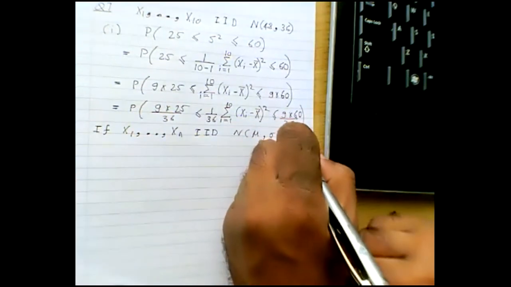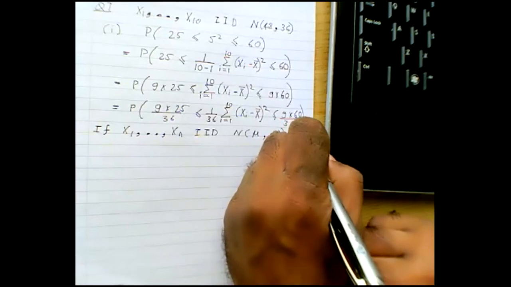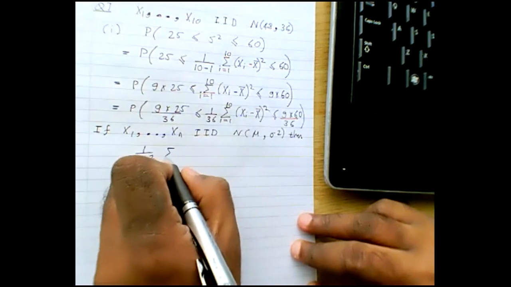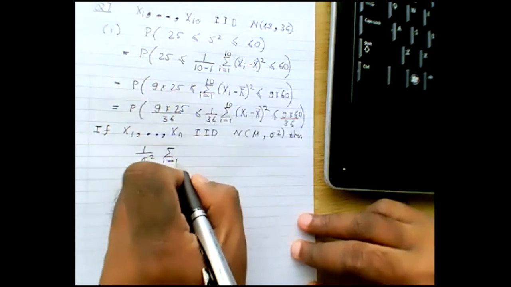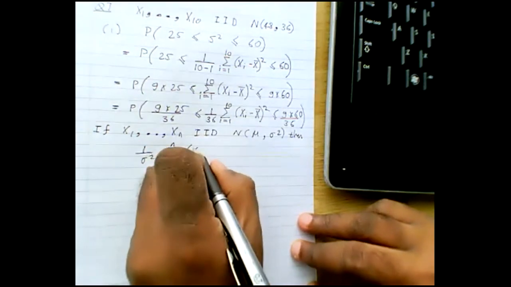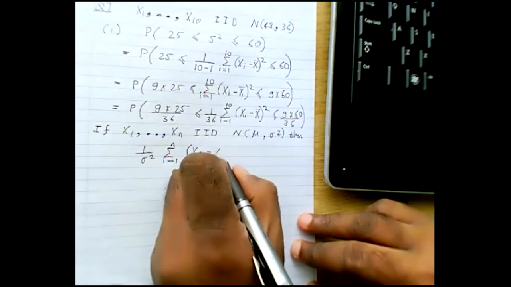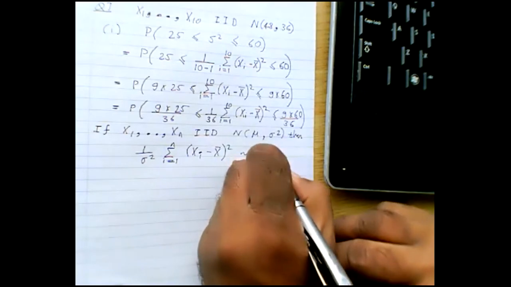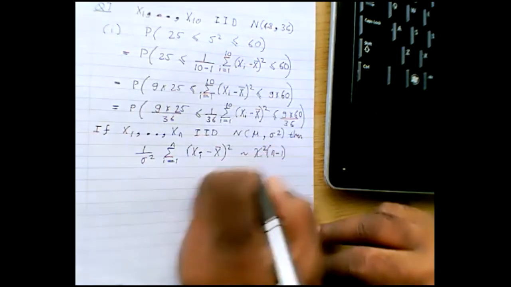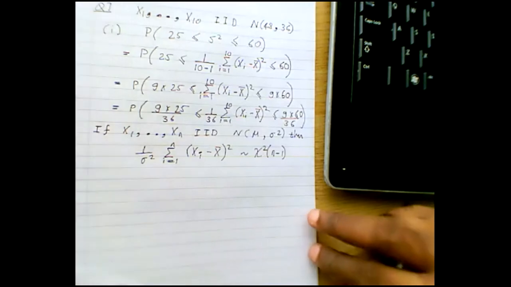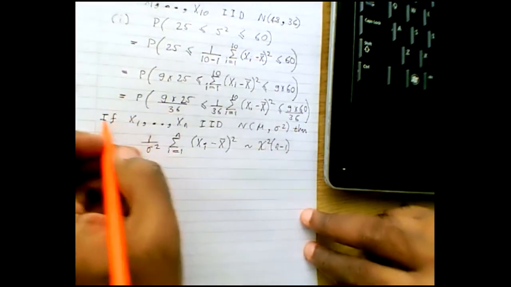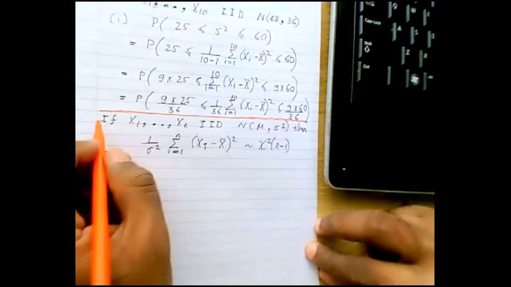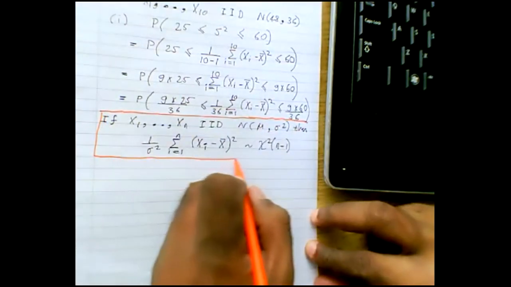Then the following is true. All right. Do you remember this property, guys, or no? This is a property I mentioned in the video on chi-squared distribution, right?